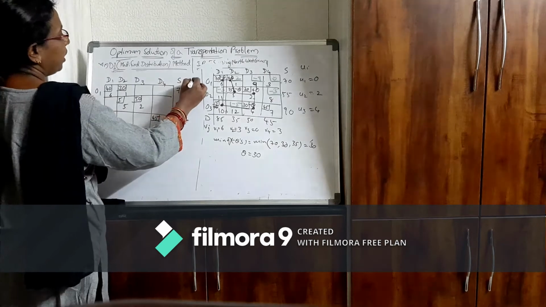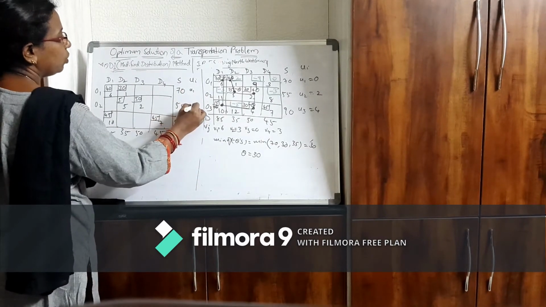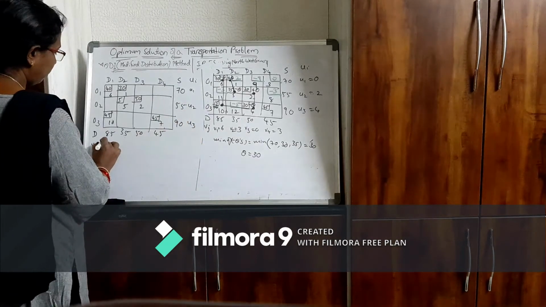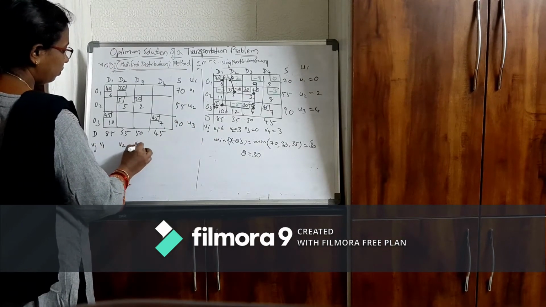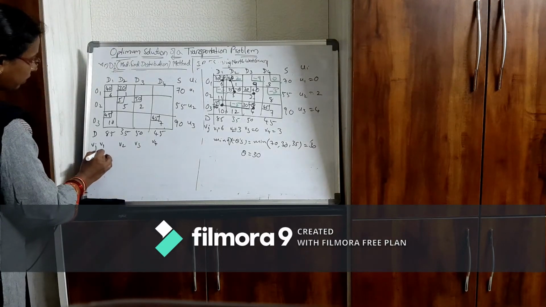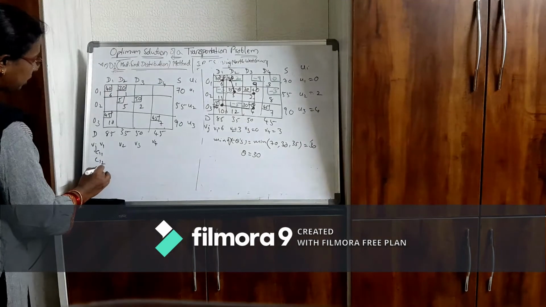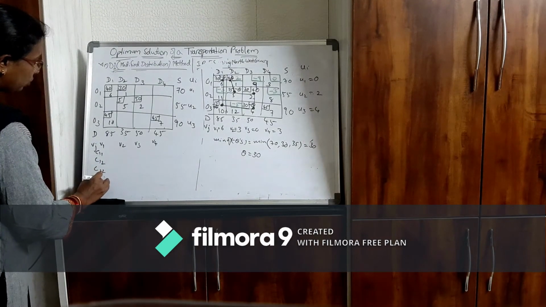Now you have to find again ui's and vj's. That is u1, u2, u3, v1, v2, v3, v4. Okay. Again write C11 you have allocation, C12 you have allocation, then C22, C23.